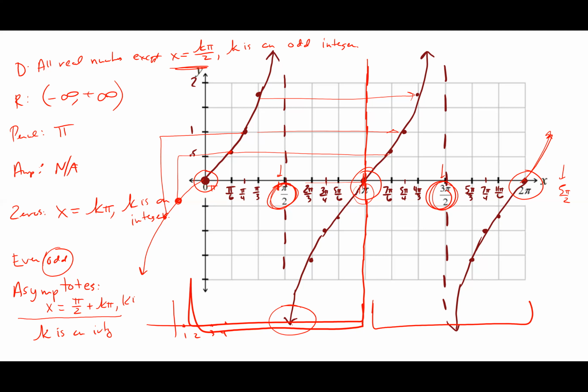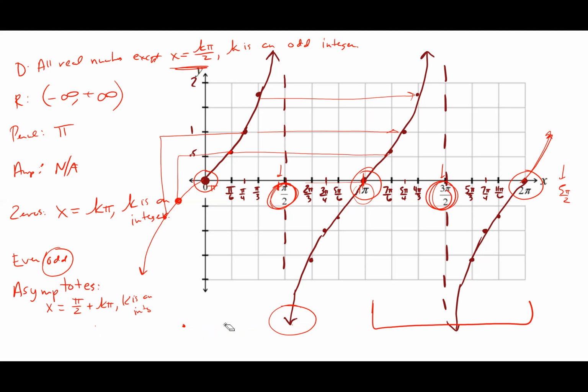So k is an integer. I'm running out of space here. Okay, talk to me. I need to know this here. k is an integer. That piece right there, is that the same thing as saying this right here?